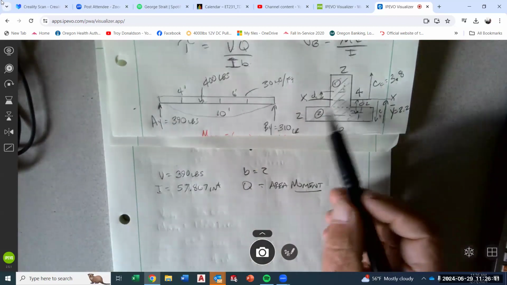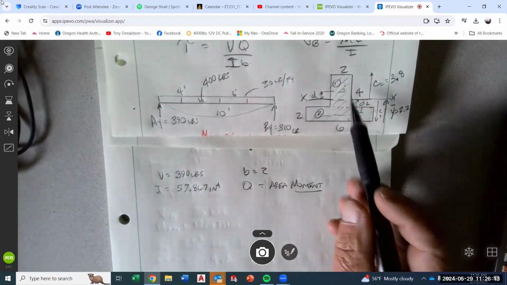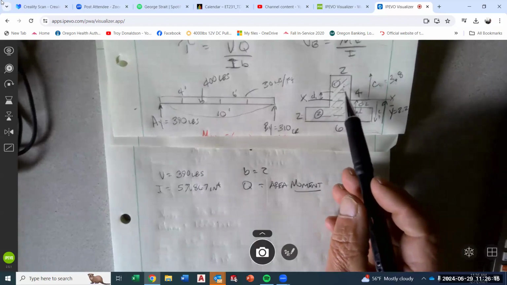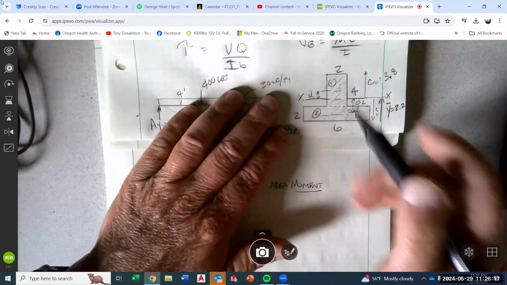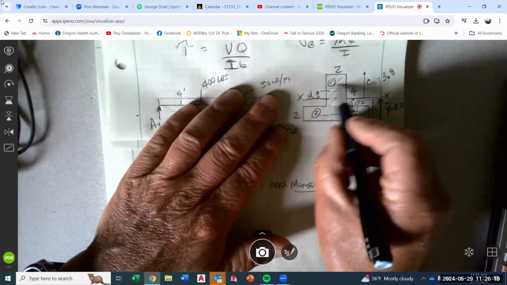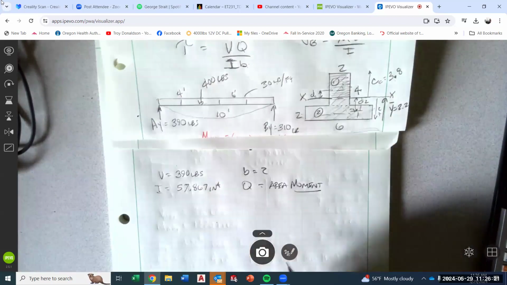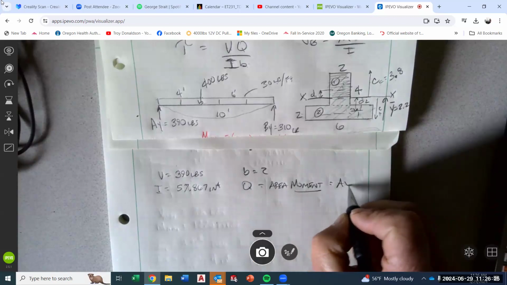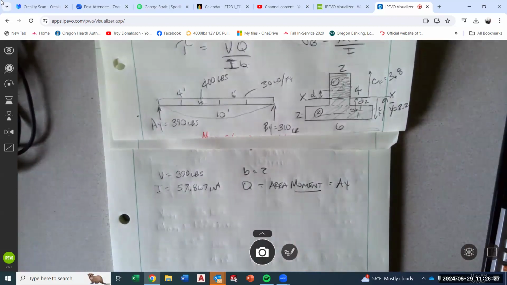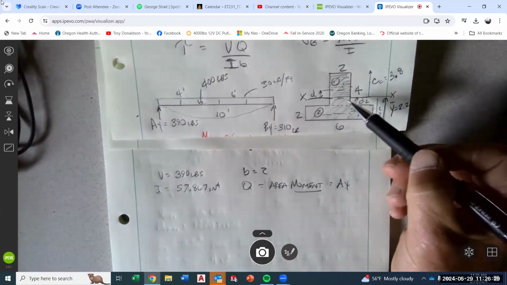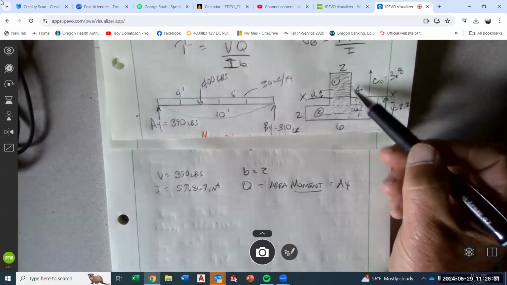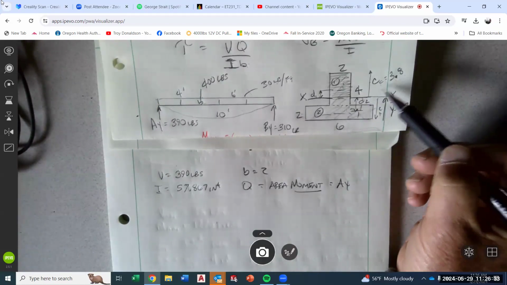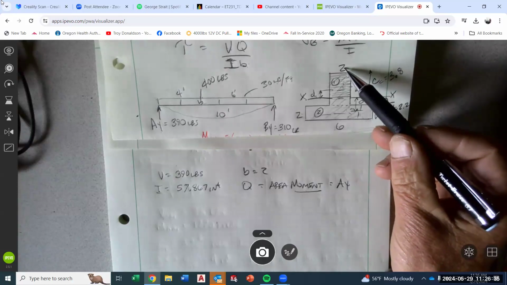The area below the neutral axis is more complicated. The area above is pretty simple. It's a rectangle. An area moment is equal to area times lever arm. So if I look above the neutral axis, I have 3.8 height and 2 width.